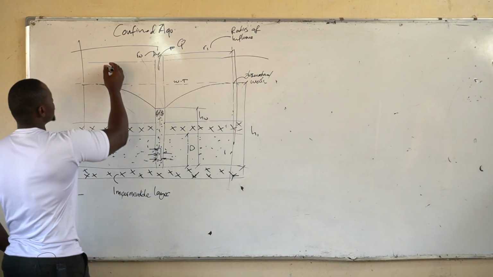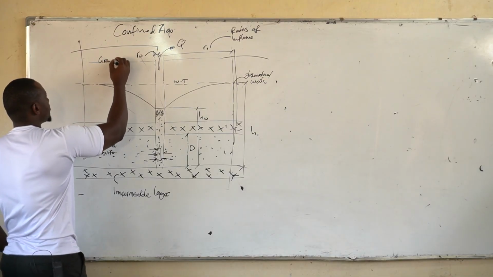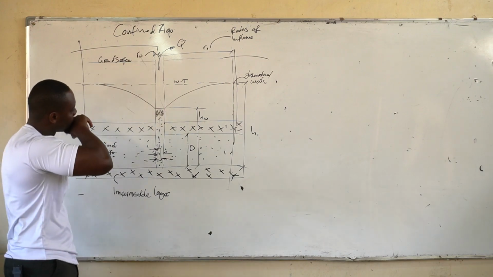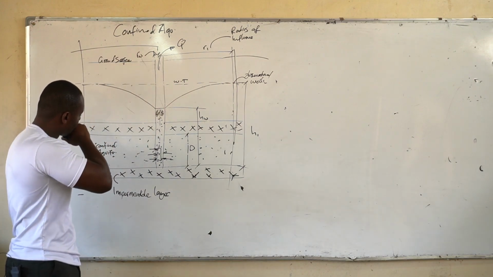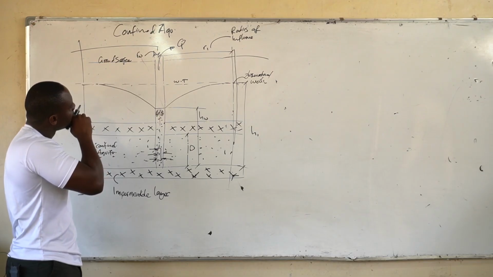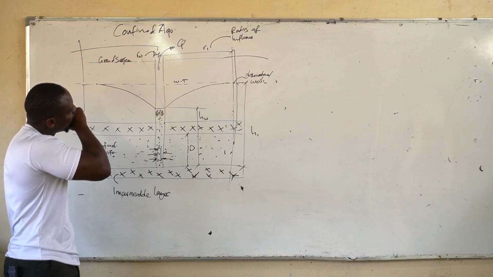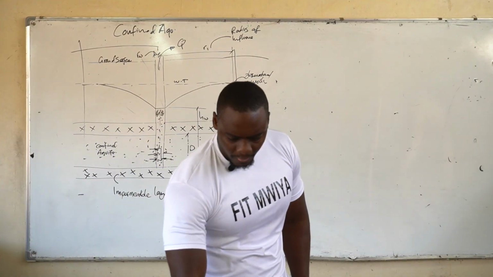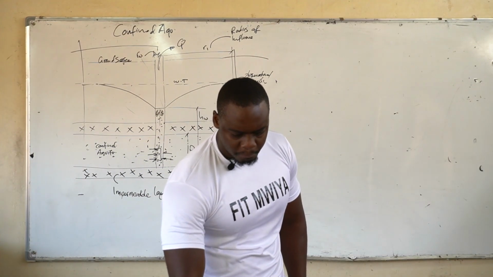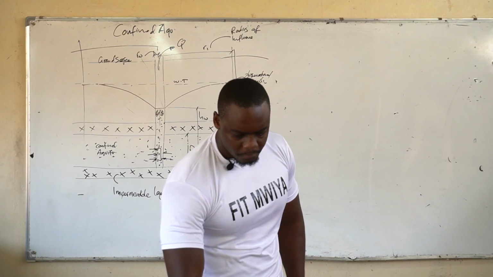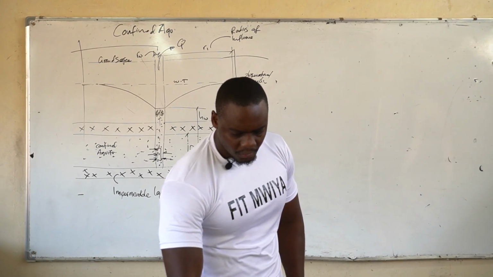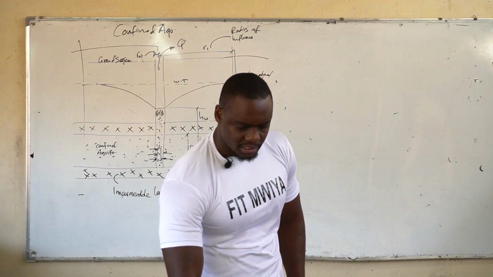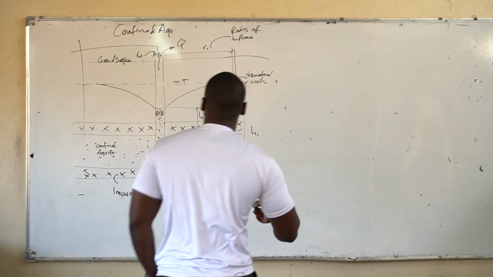So this is the ground surface, of course. For an unconfined aquifer, it's basic, okay?